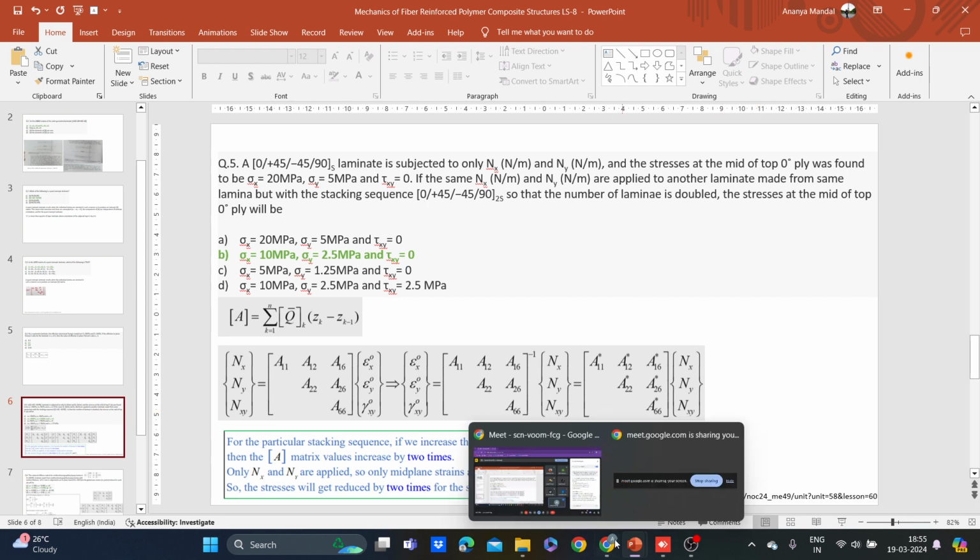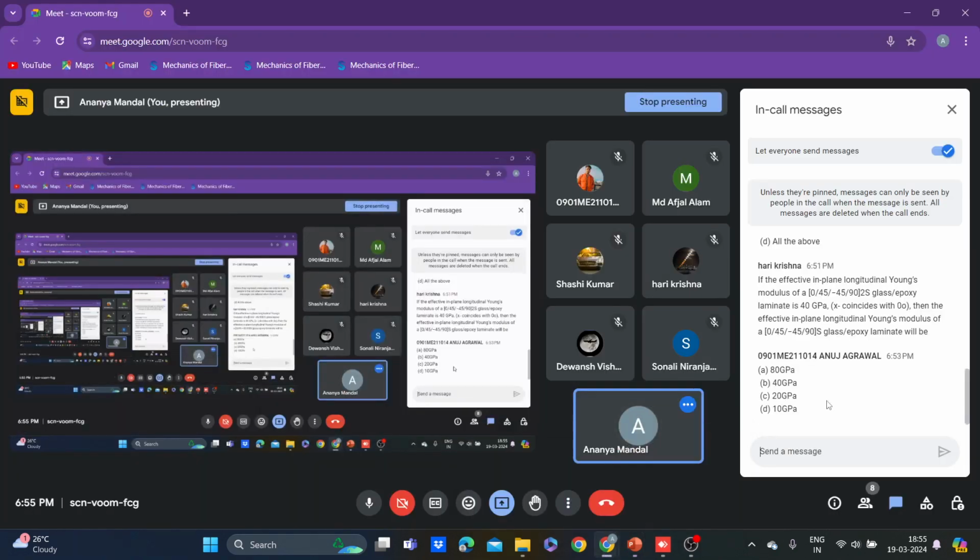This question, I don't know. I think the modulus will remain the same, but it's better you put it in the discussion. I am having confusion in this question.